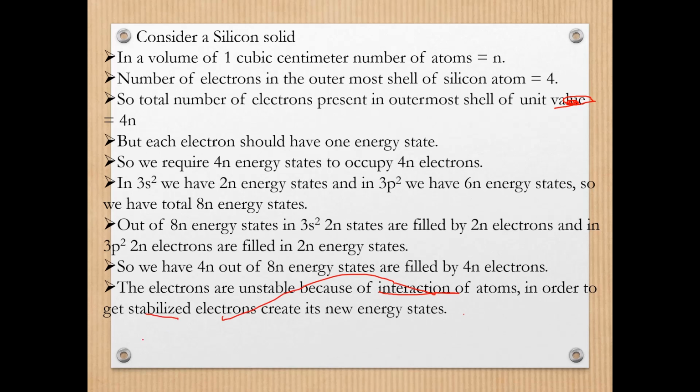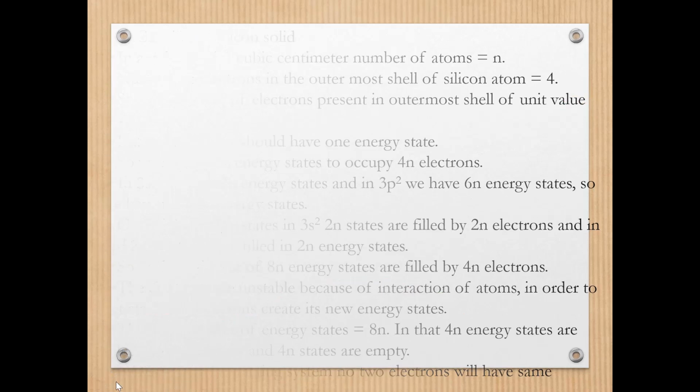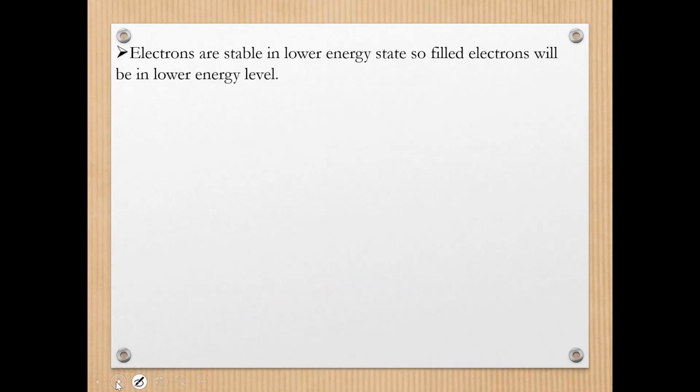In order to get stabilized, the electrons create new energy states for themselves. The filled electrons will occupy the lower energy levels.